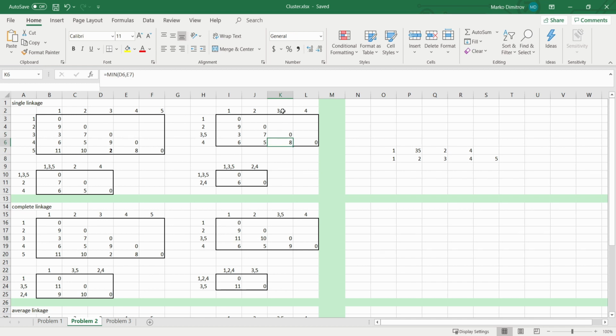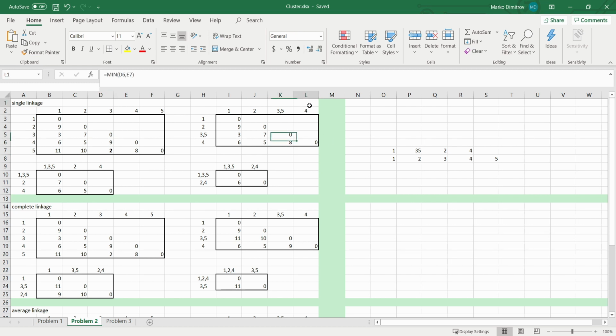Then between cluster 3, 5 and 4: the distances 4 to 3 and 4 to 5. 4 to 3 is 9, and 4 to 5 is 8, so the minimum between those two distances is 8.